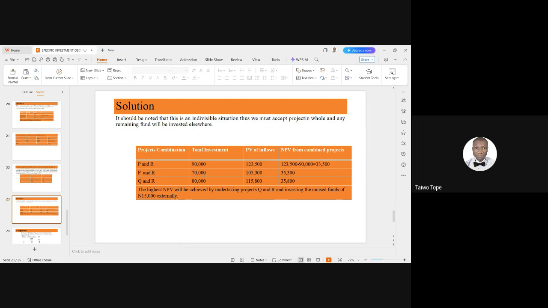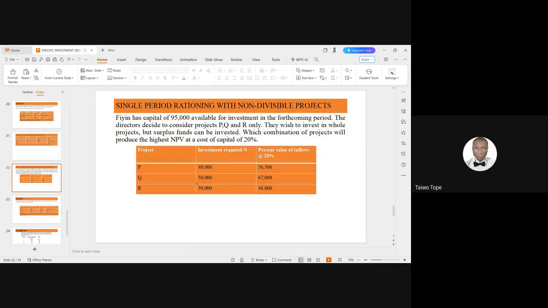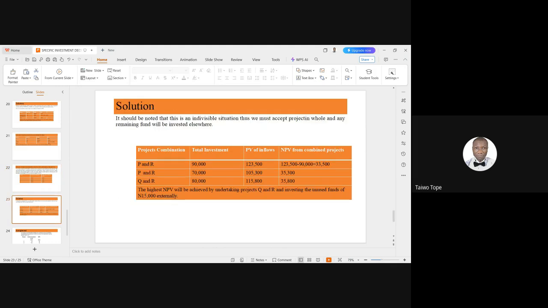And also, when you combine Q and R, that is 50 plus 30, you're going to have 80. And also, when we combine, I think there is a mistake here.